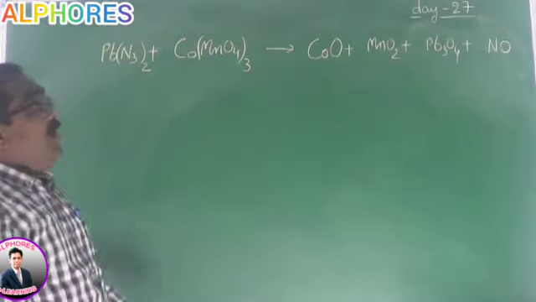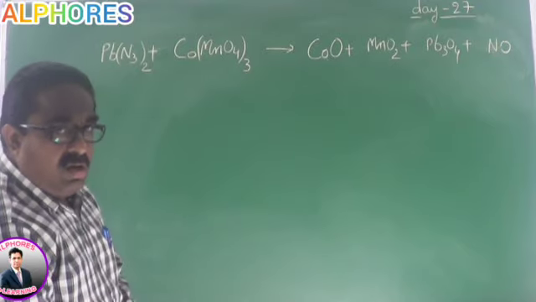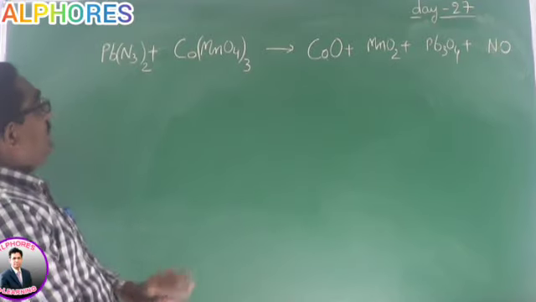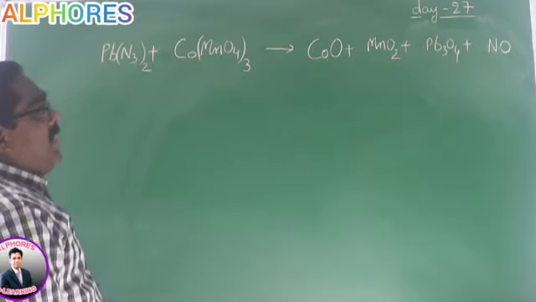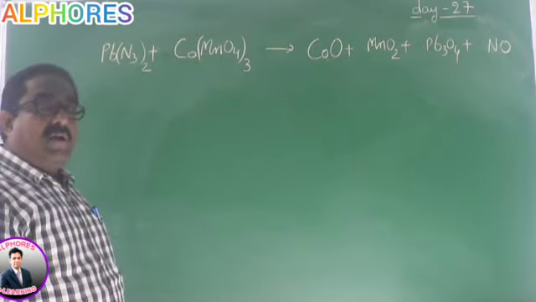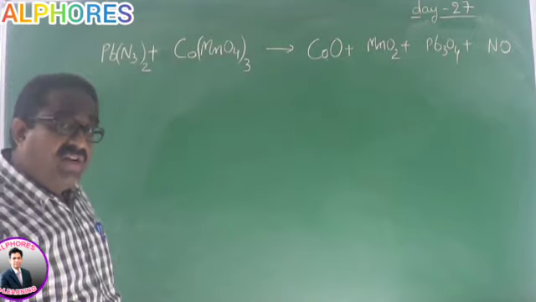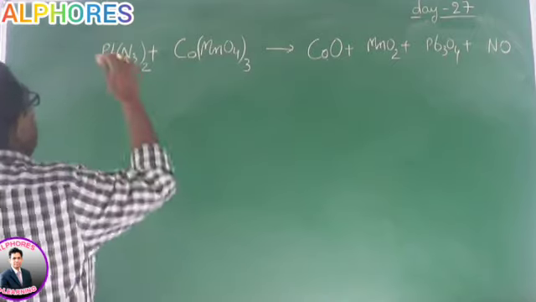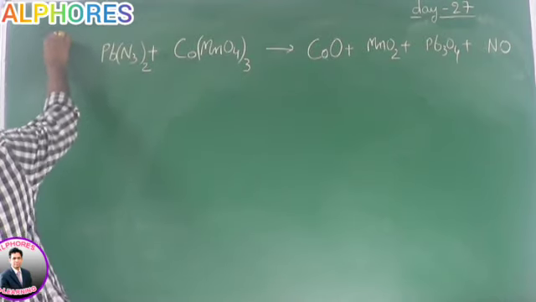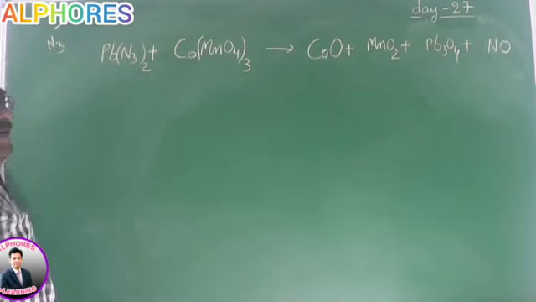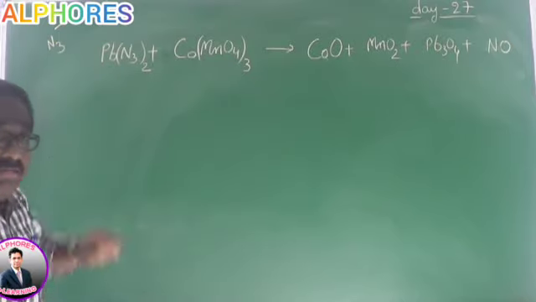Now we have to balance this redox reaction. Let me calculate the oxidation numbers of the species which are changing in the reaction. Students, this is azide ion, N3 minus.